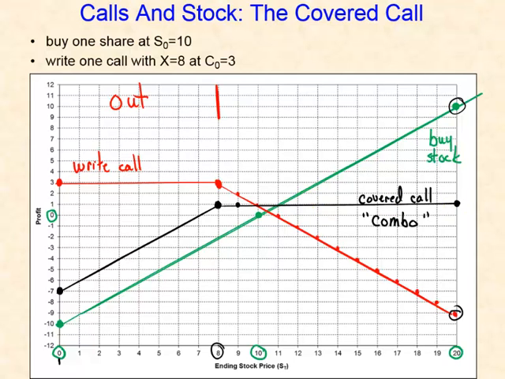On the left-hand side, at low stock prices, moving along this section of the curve here, we see that we're better off with the covered call than with the stock by itself. So relative to the stock, we're better off with the covered call. But at stock prices above the exercise price, we're worse off.